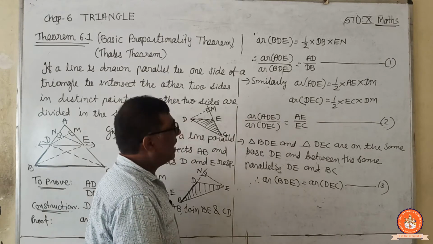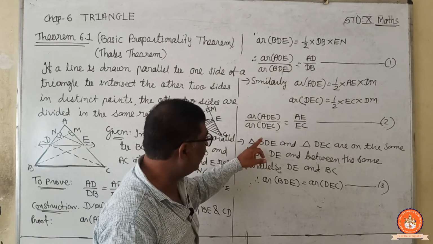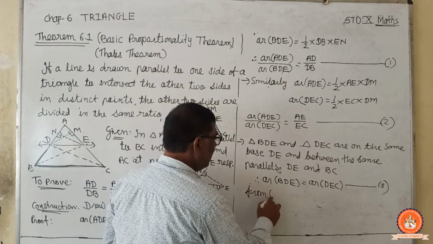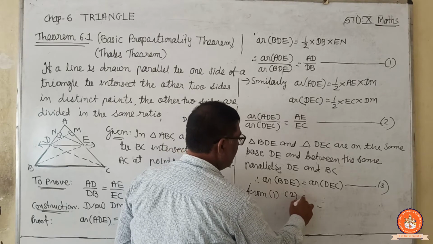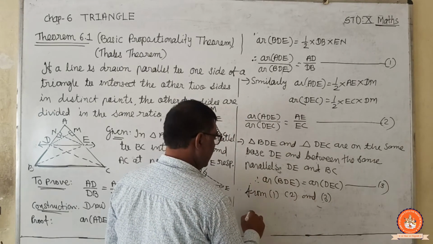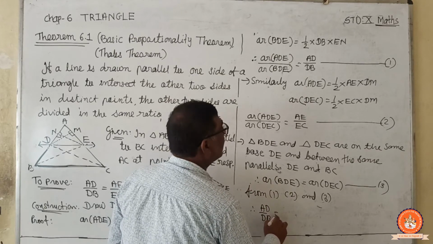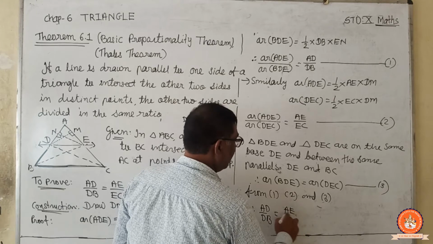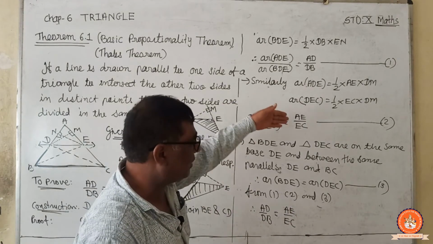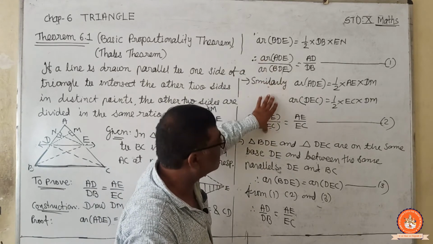Now my friend, we are able to prove that area of BDE is equal to area of DEC. So from results 1, 2 and 3, we are able to prove that AD upon DB is equal to AE upon EC. Because from results 1, 2 and 3, the left hand sides of both the results are the same.